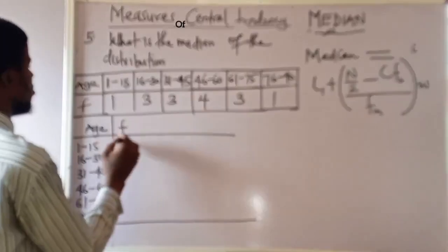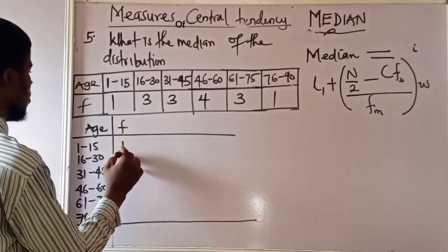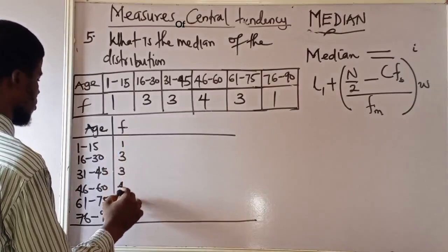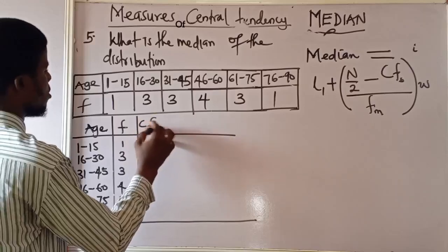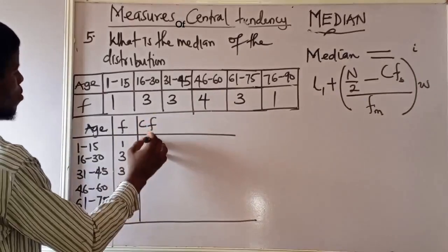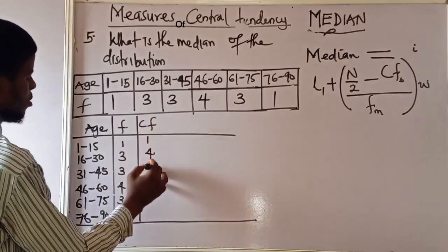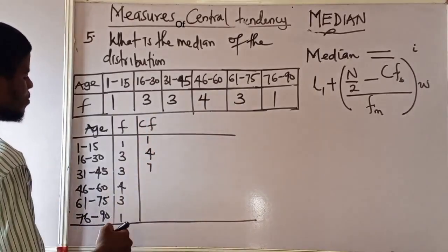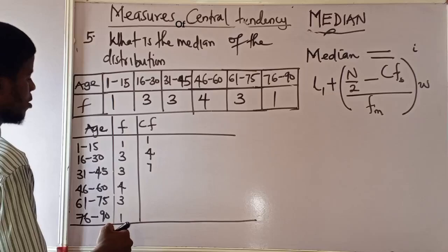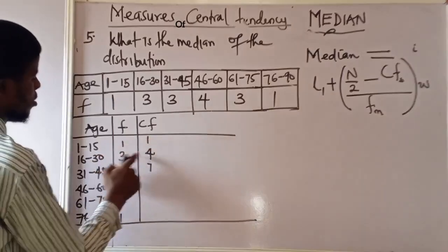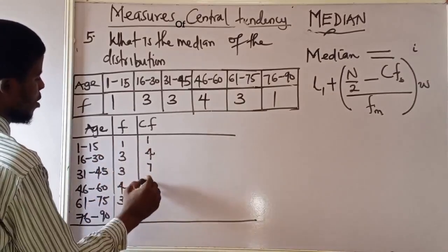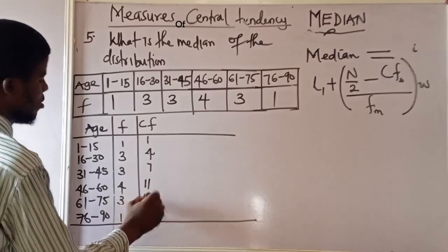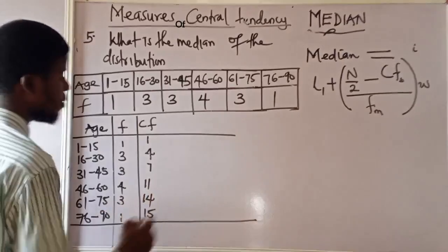And their frequency, 1, 3, 3, 4, 3, 1. The cumulative frequency as well. 1, 4, 7. I hope you understand what I'm doing. You understand what I'm doing, right? This is 1. This is added to 1. That's 4, 7. This will be 11. This will be 14. This will be what? 15.